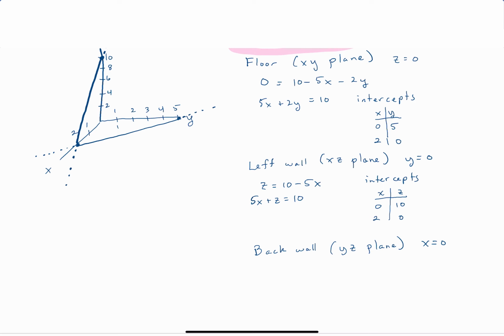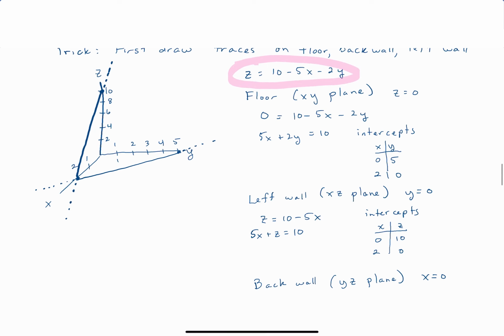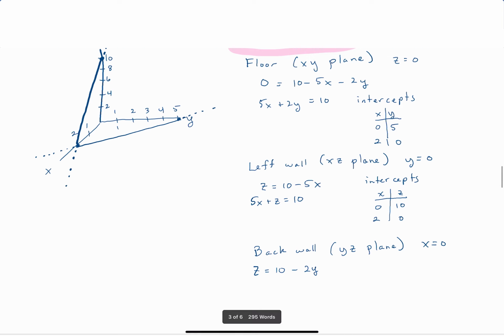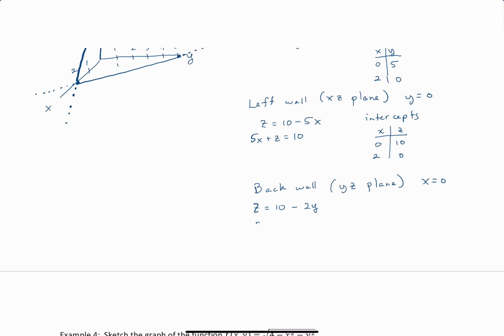So if I put 0 in for x in my original equation, I have z equals 10 minus nothing, because I'm putting a 0 in for x. So z equals 10 minus nothing, and then minus 2y. And again, for me it's easiest to get the variables on one side. So if I add 2y to both sides, I have 2y plus z equals 10.